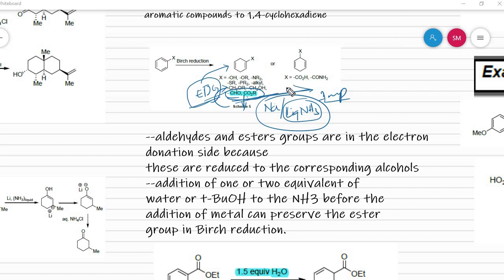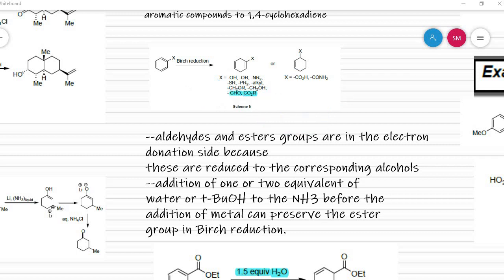This is not applicable for acids and amides, because they form salts before the reduction. Sodium in liquid ammonia cannot reduce acids and amides, but it can reduce aldehydes and esters. That is the reason. So how to stop the reduction of the groups, aldehydes and esters?